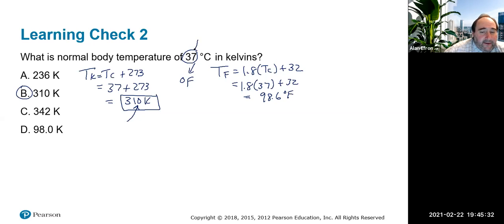And technically speaking, because this is a whole number, we would round this to 99 degrees Fahrenheit to make it look like our original number. Any questions on either of those two conversions?